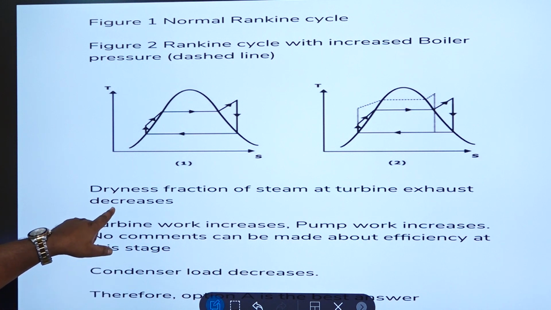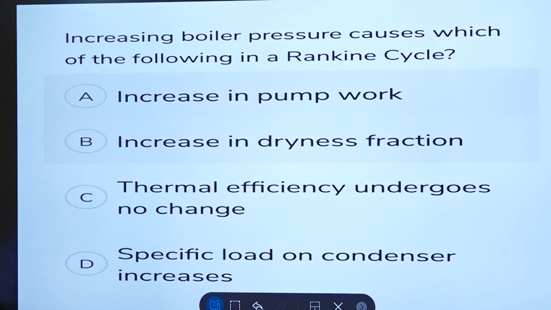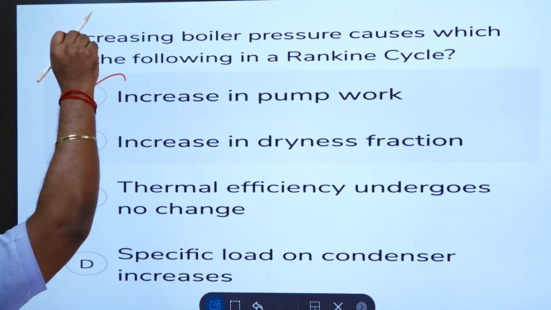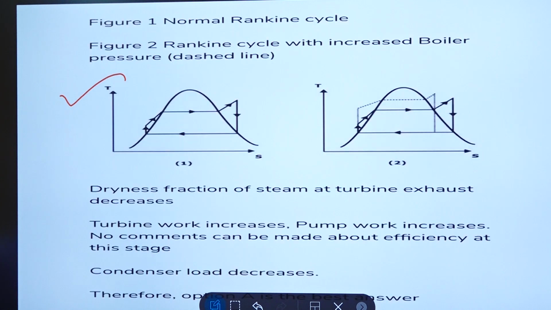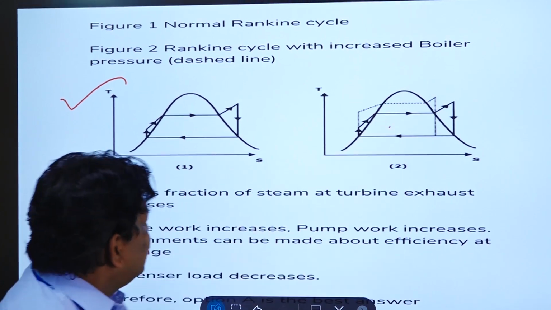The dryness fraction of the steam at turbine exhaust decreases, but that is not given here; all these options are not given. So the only option is the increase in pump work, so the option will be A, the best answer for this question. You can see this diagram. So when you increase the boiler pressure, what happens?